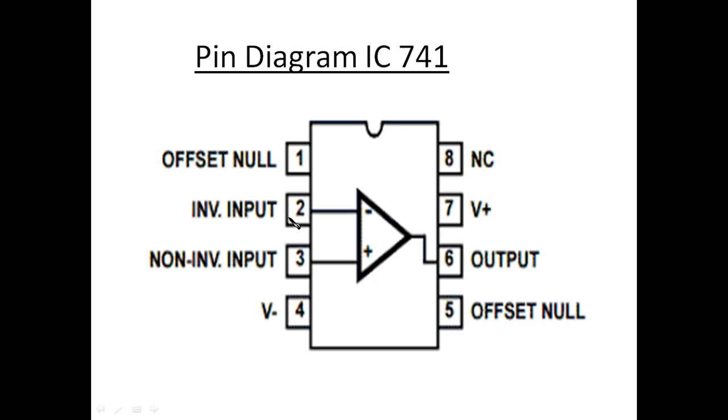Pins 2 and 3 are the input terminals, named inverting input and non-inverting input. Then the supply voltages, plus VCC and minus VCC. The last terminal is pin number 6, the output. And pin number 8 is no connection.